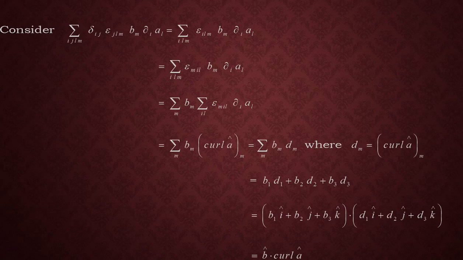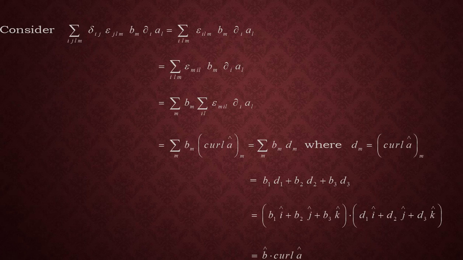Now let us separate sigma over m with Bm. Then we obtain summation sigma over m, Bm, summation sigma over il, epsilon suffix mil, dou i Al.